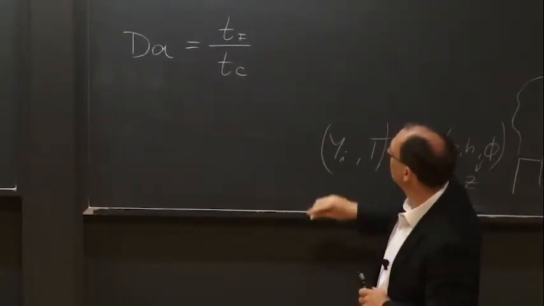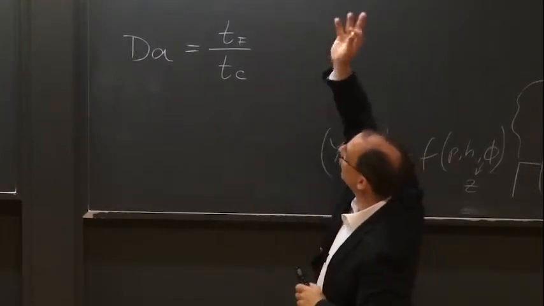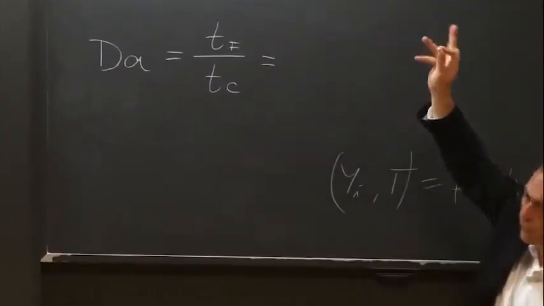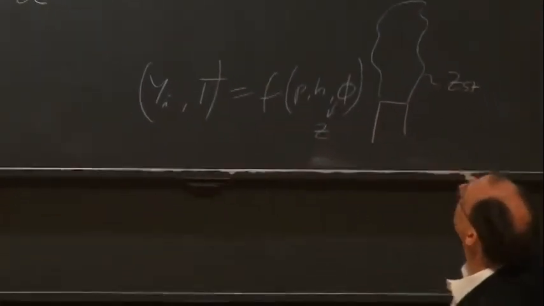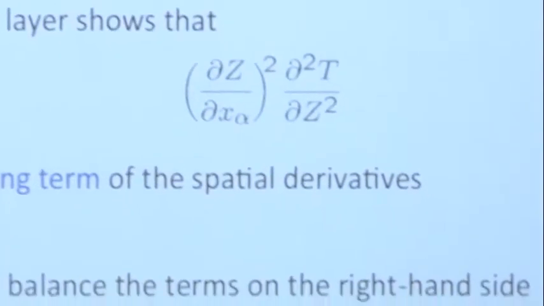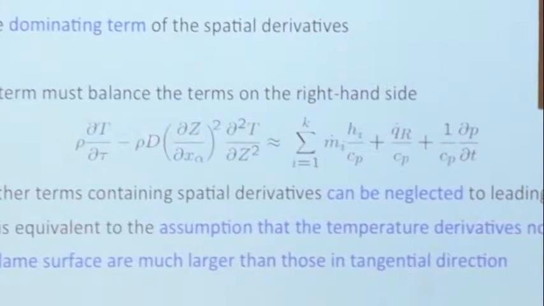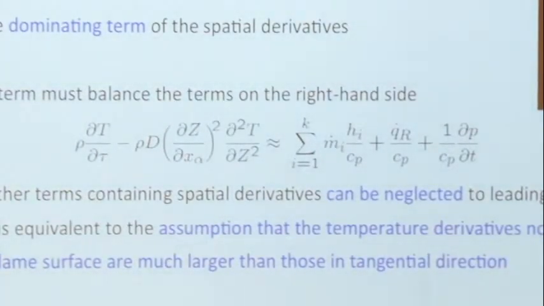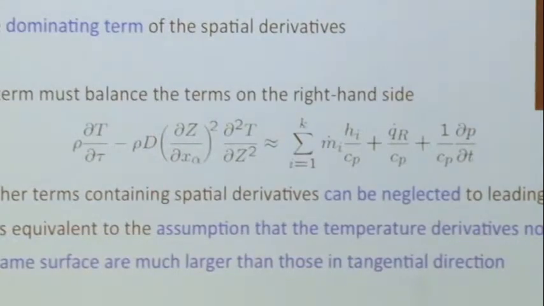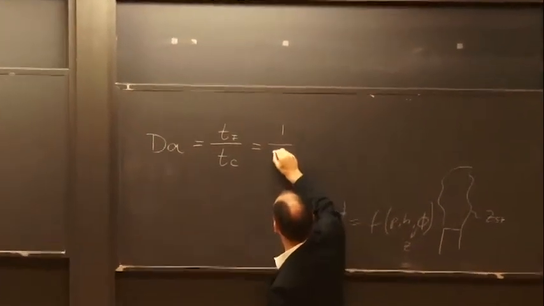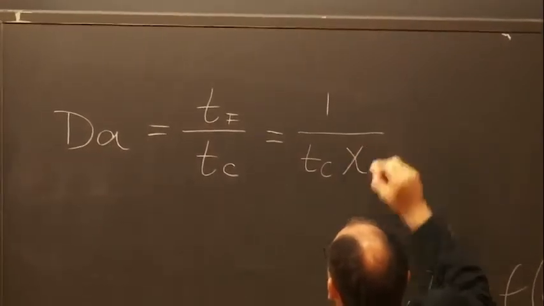Now, we're getting ahead of ourselves. But the flow timescale, actually, for diffusion flames, you see that this quantity here, the scalar dissipation rate, has units of 1 divided by second. This is meter squared per second. This is meter squared, so it's 1 over second. That's the inverse of a time scale. And so here we can say this is then 1 divided by the timescale, the dissipation rate.